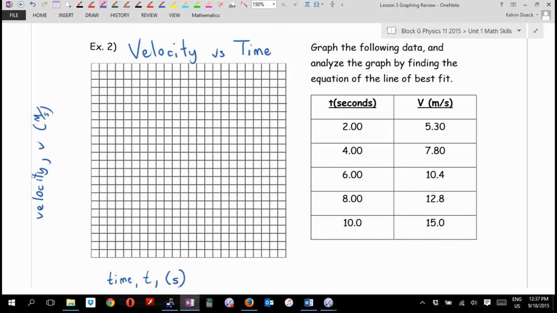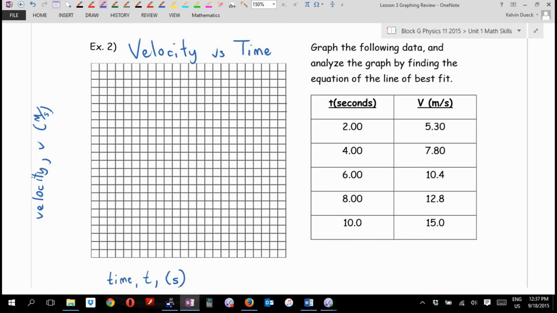This is the trickiest part. Riley, look at the time column, the x column. What's the biggest number that appears there? 10. How many squares wide is the bottom? You have to count. This is how I do this every time. Count how many squares we have on our graph paper. How many squares? 24? Okay. Going up by ones, I think, would be silly. I think we can actually fit 20 squares, because you said 10.